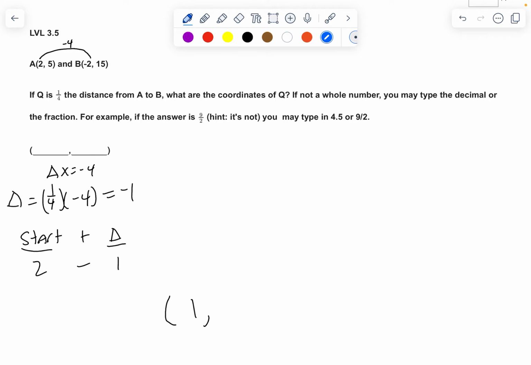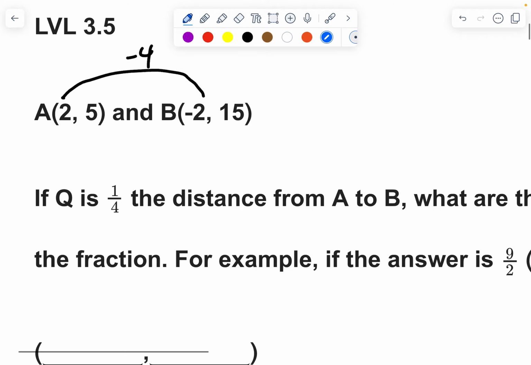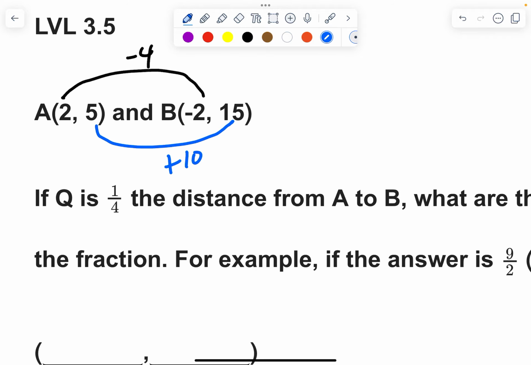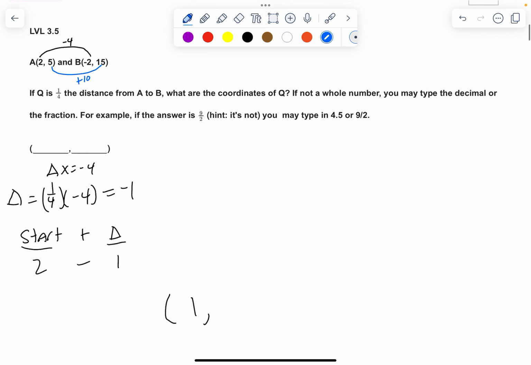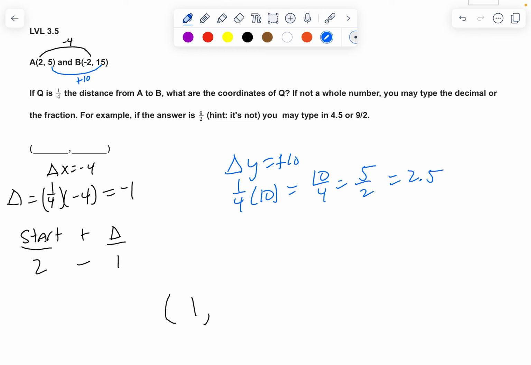And then we're going to do all the same work for the y values. The y values are +10. So delta y is +10. And we want to do 1/4 of 10, which is the same as 10/4, which is the same as 5/2, which is the same as 2.5. And so we're going to do the same thing.